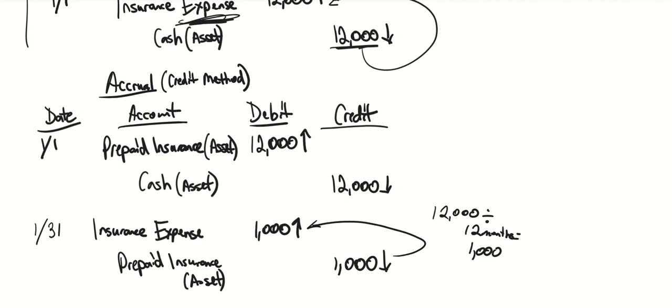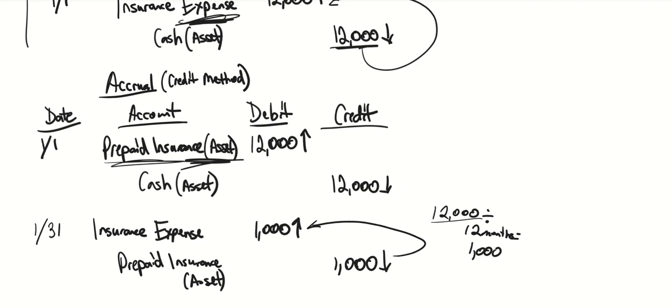So the initial entry is going to be a credit to cash, of course, because that doesn't change since cash did go out. But the debit is going to go to prepaid insurance. That's an asset because you have the right to be covered by insurance for 12 months. When the end of the month occurs, insurance coverage has expired for 1 month.